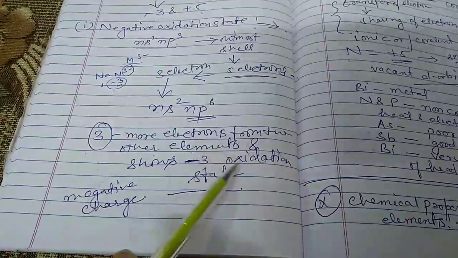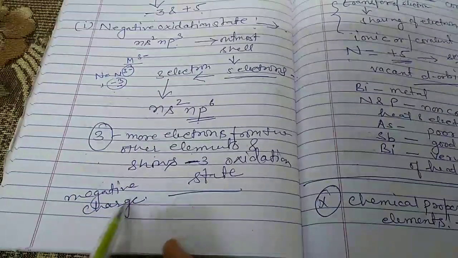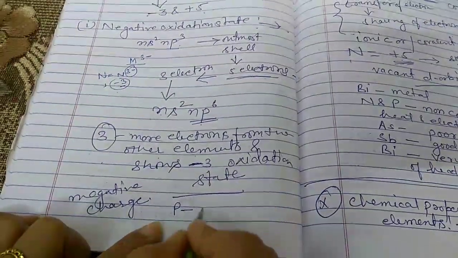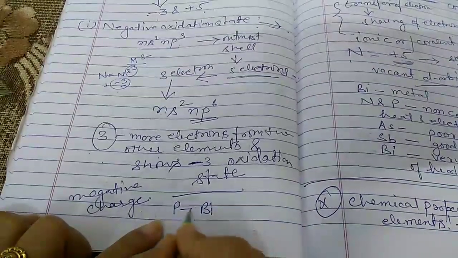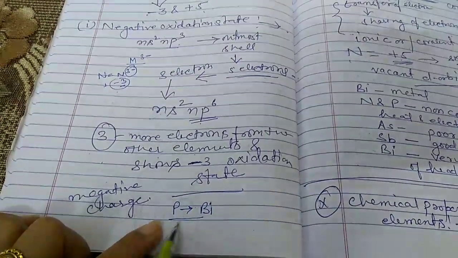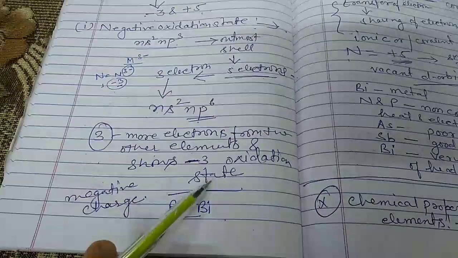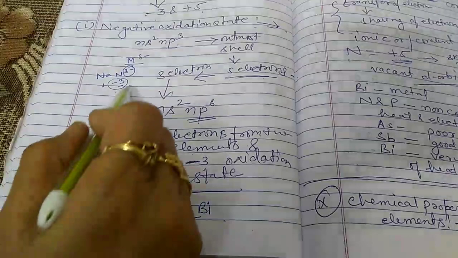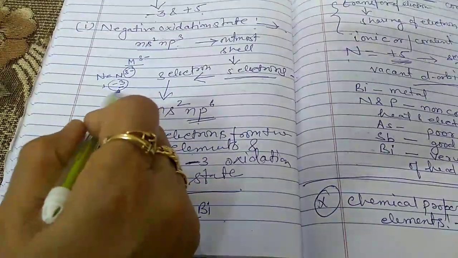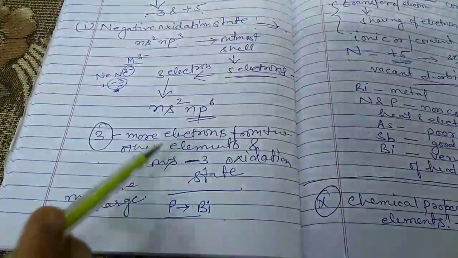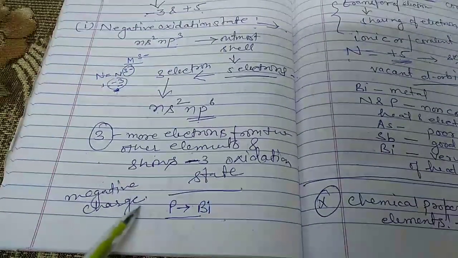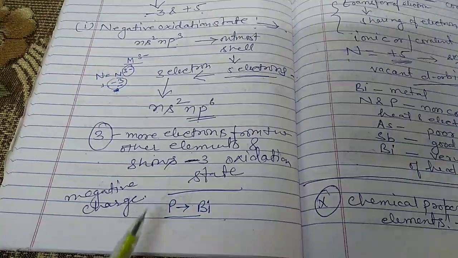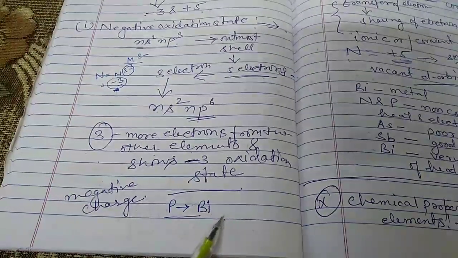The tendency of the elements to exhibit the -3 oxidation state decreases on moving down the group, from phosphorus to bismuth. This tendency mainly belongs to nitrogen.